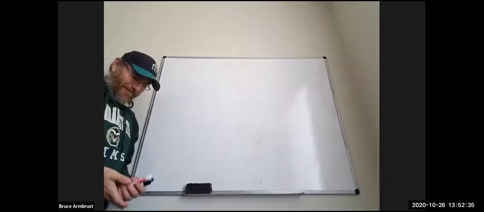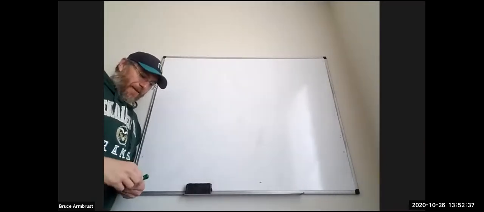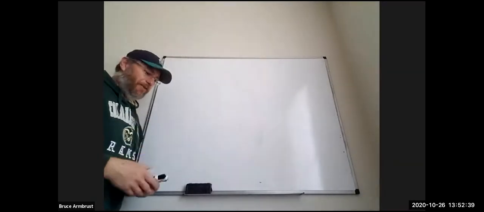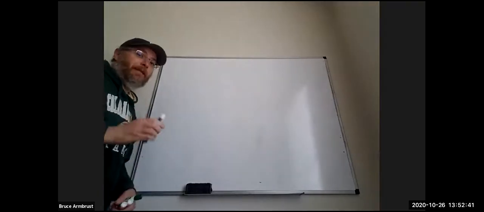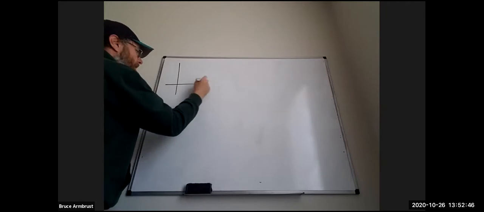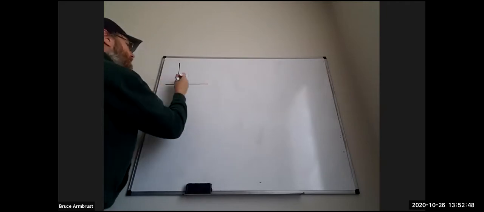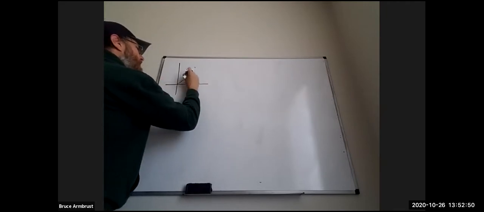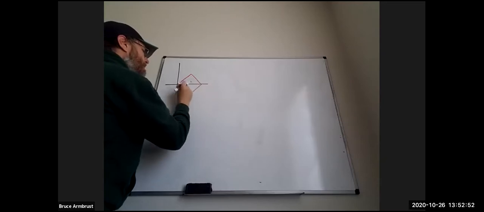Anyway, I digress. So we're still working on these transformations. Let me just remind you of the example that we did last time. We were looking at changing a region that was this diamond shape.